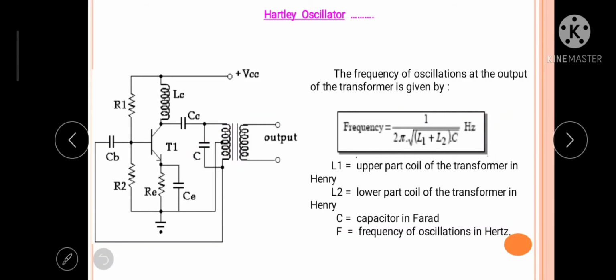Here I would recall the second condition of the Barkhausen criteria, which indicates the feedback phase should be 0 degree or a multiple of 360 degree.